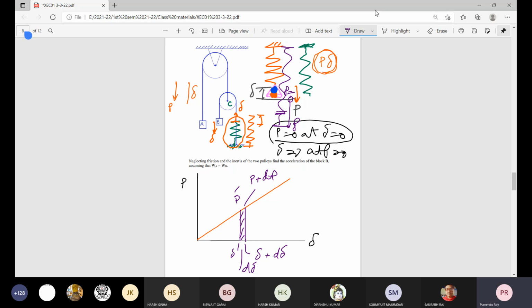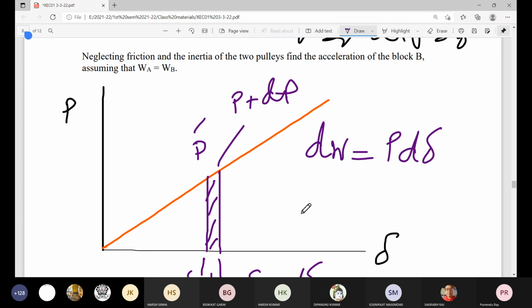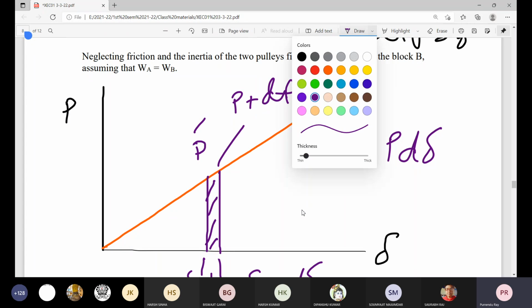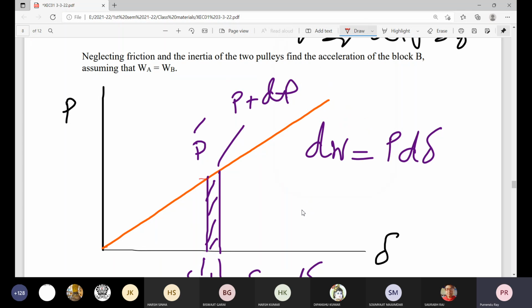This infinitesimally small value of work done is P multiplied by d delta, of course, neglecting this part. We consider as if this is a straight line and this part is neglected, this triangle part. So this P multiplied by this d delta, that only.